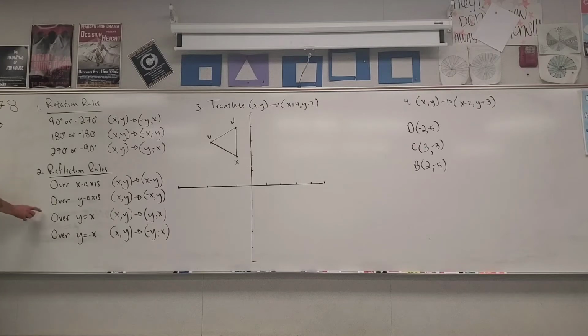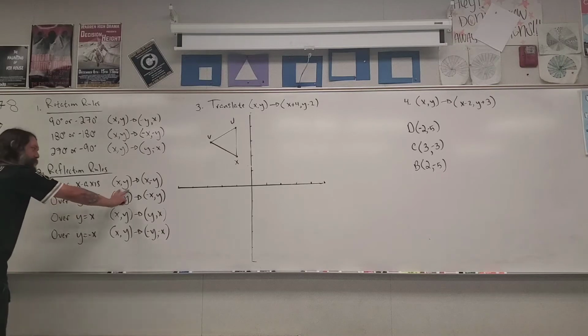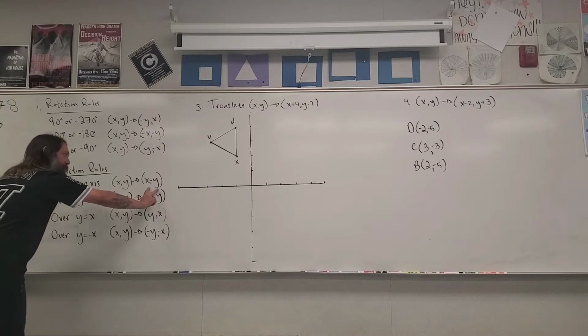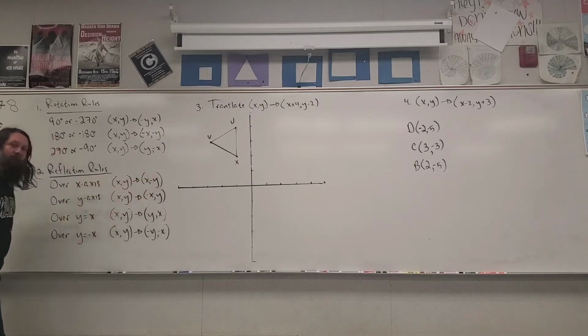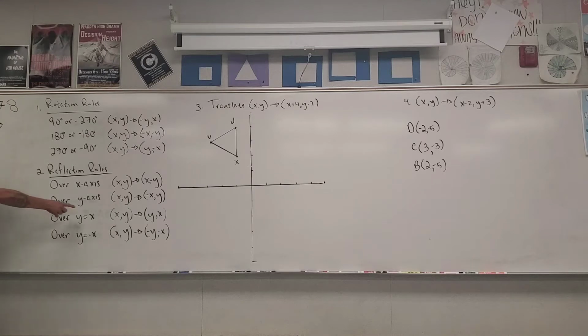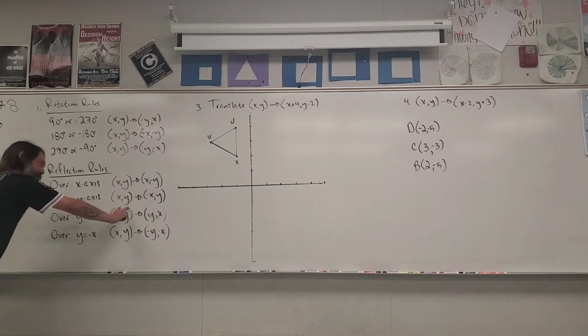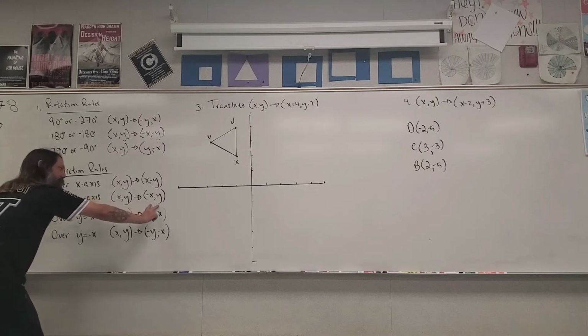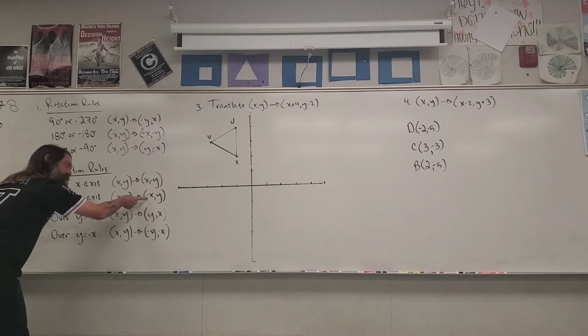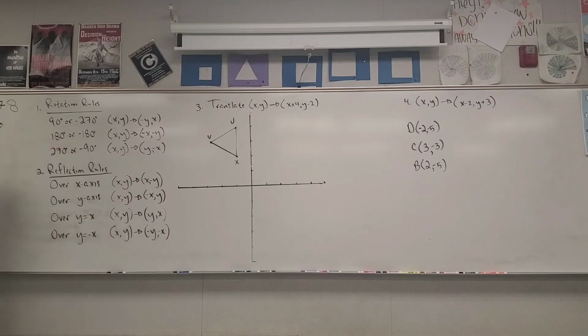The answers for number 2, we have 4 reflection rules. Our first reflection rule is over the x-axis. So what we do is we take our coordinate, we keep the order the same, and change the sign of the y value. The second reflection rule, over the y-axis, is we take our coordinates, keep the order the same, change the sign of the x value.